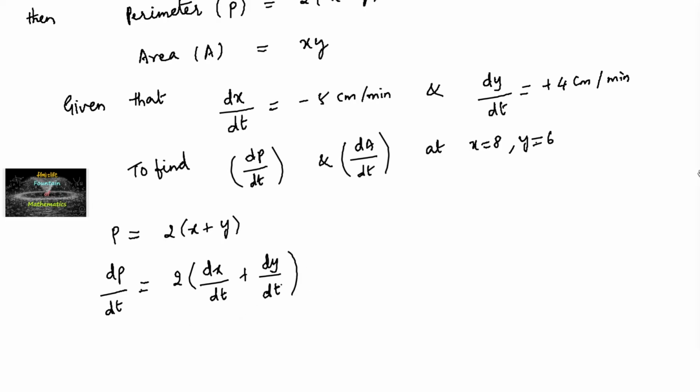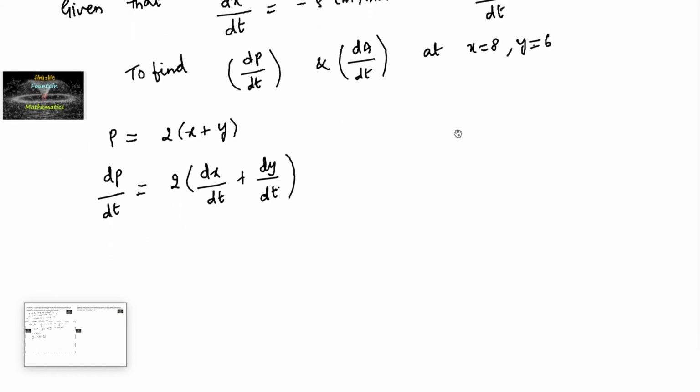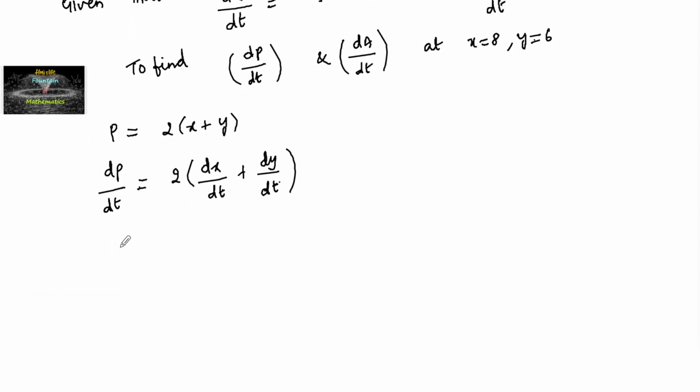So dP by dt is equal to 2 times (dx by dt, I can write it as minus 5, plus dy by dt, which is given as 4). So dP by dt is equal to 2 times (minus 5 plus 4), which is negative 1, so it's negative 2.